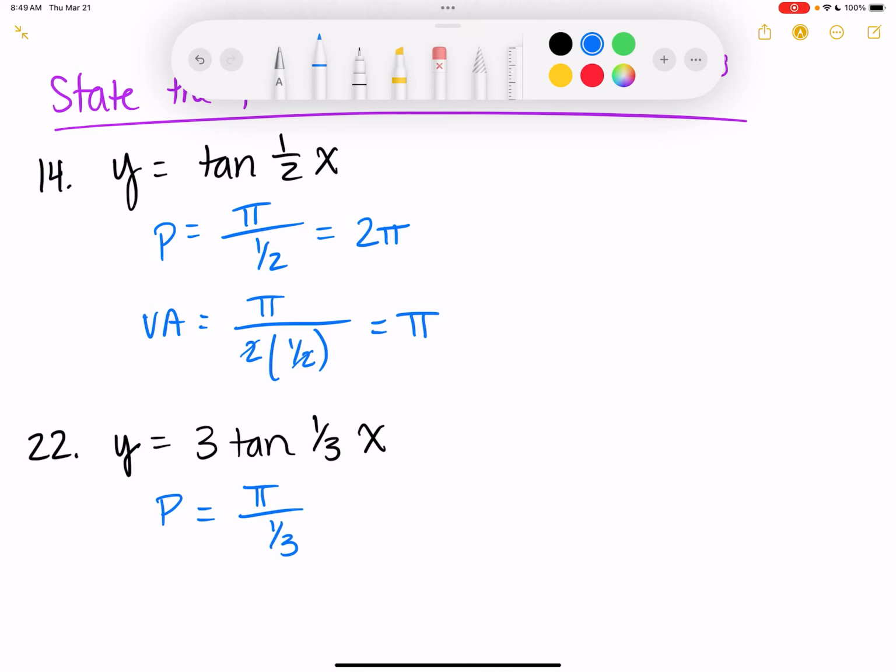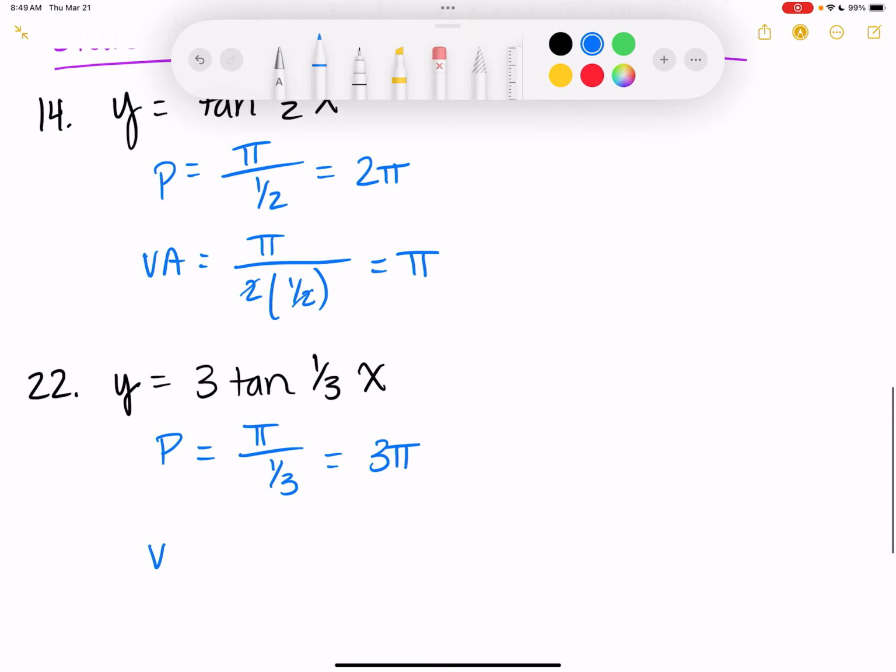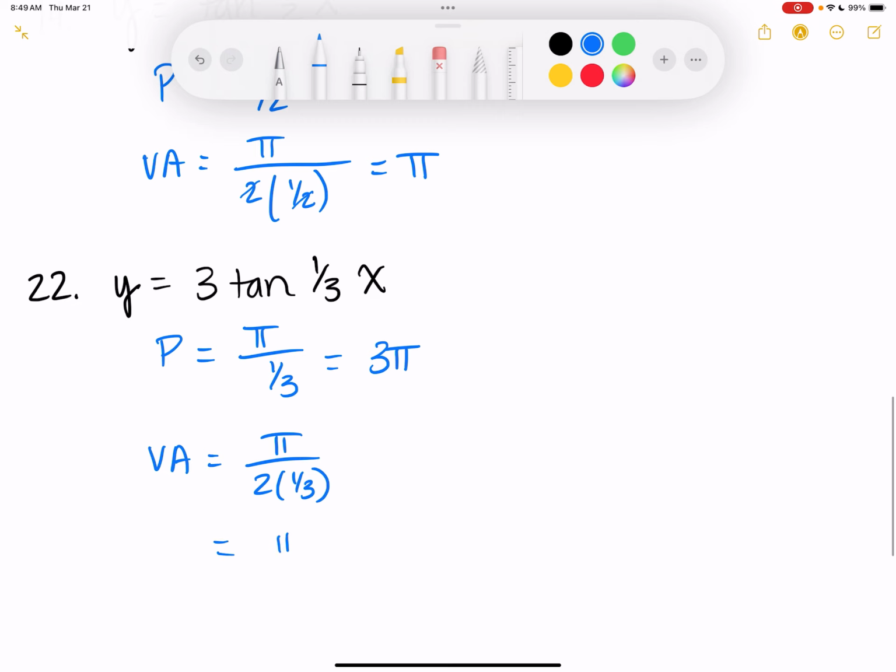So keep, change, flip, that gives us 3 pi. Then the vertical asymptote for this is pi over 2 times b, so 2 times 1/3. So that's pi over 2/3. And we keep, change, flip, that's going to give us 3 pi over 2.